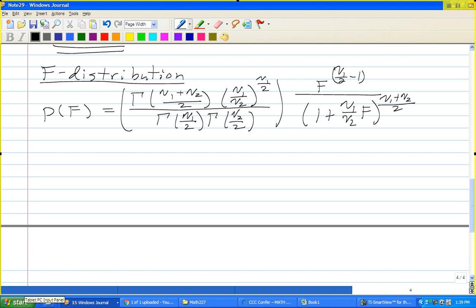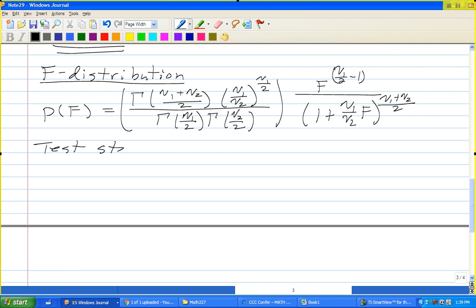And we had that the F-test had a test statistic for testing the equality of two population variances.